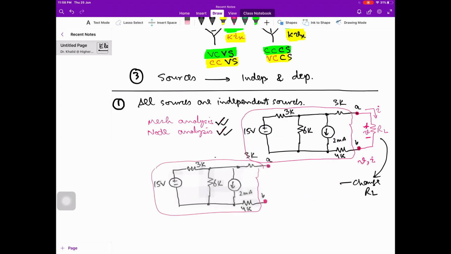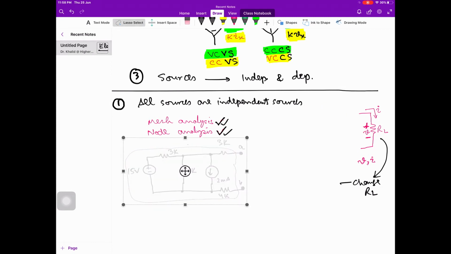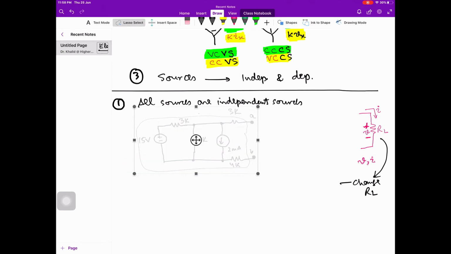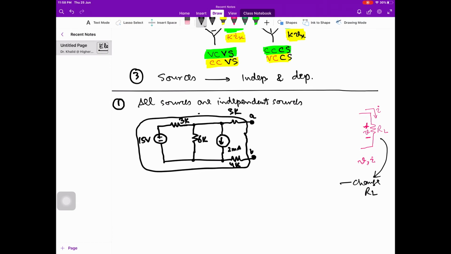The equivalent. If we can find the equivalent such that the equivalent is represented by two circuit elements, then our analysis will be quite simple, because we have one loop over here, and due to one loop we can find the voltage and current across the load resistance.